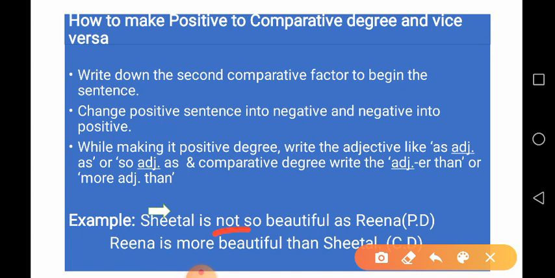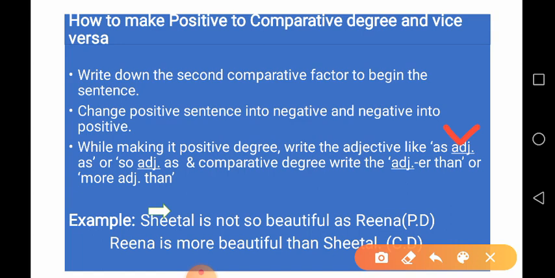Here we have used Reena first, and because Sheetal is not so beautiful, when we write Reena is, then we make a positive degree. So, here we remove the not. So, negative sentence becomes positive, and then while making it positive degree, write the adjective like as adjective as or so adjective as.